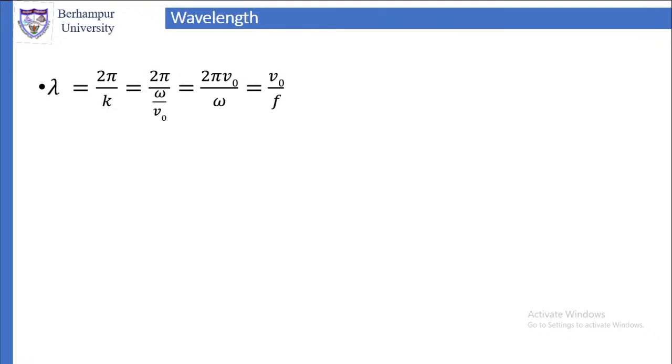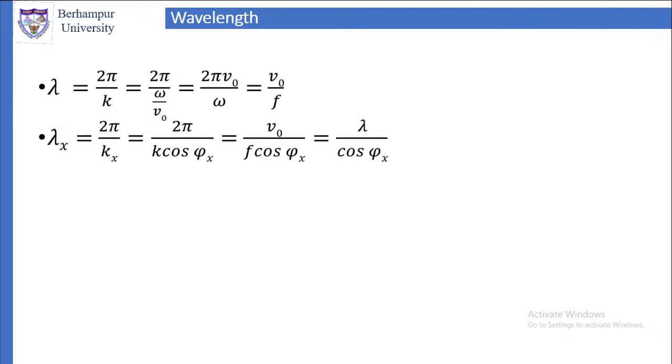So lambda is equal to 2 pi by omega by V0. Taking V0 to the numerator gives 2 pi V0 by omega. Omega is equal to 2 pi f, so 2 pi in the numerator and denominator cancel out. Then lambda is equal to V0 by f. This is a well-known relation, and we just derived it.